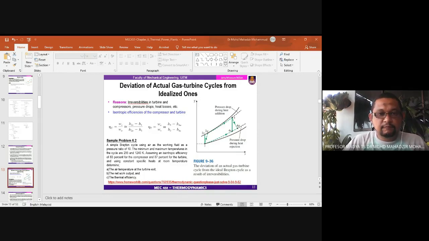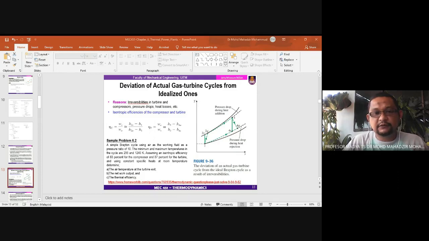So based on these actual values, for A, it wants you to find the net work. So for net work, use the equation work turbine minus work compressor. But in this equation, don't put the ideal value of T4.